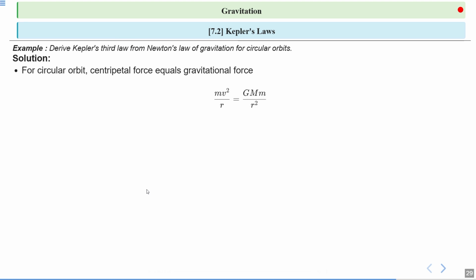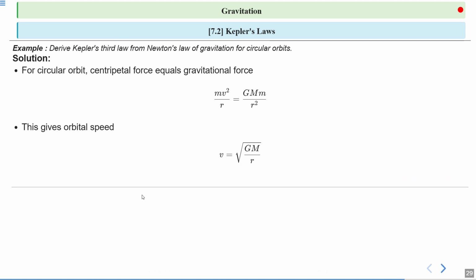So the equation that represents this balance of forces: the centripetal force m v square by r is equal to gravitational force G M m divided by r square. This gives the orbital speed, so v is equal to under root G M by r.